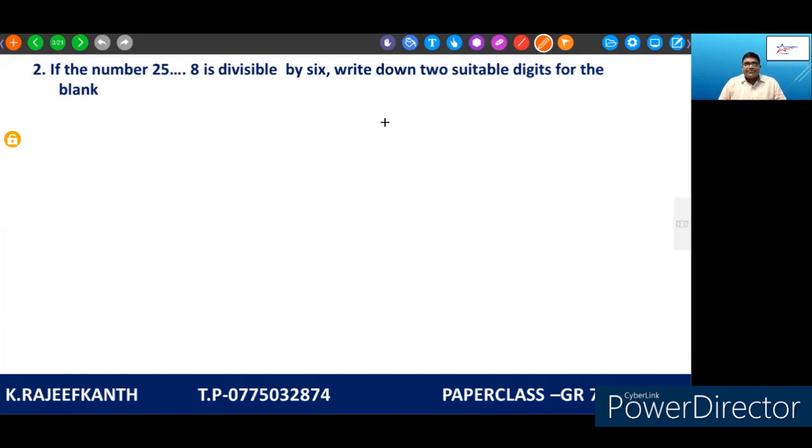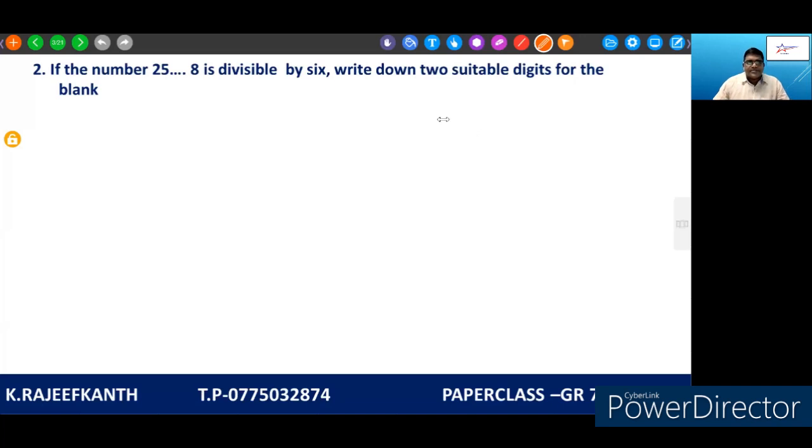So first you have to check whether this number can be divided by 2 or not. Then after that you have to check the digital sum, because if the digital sum of a number is 3, 6 or 9, then that number is divisible by 3. So you have to check both 2 and 3.